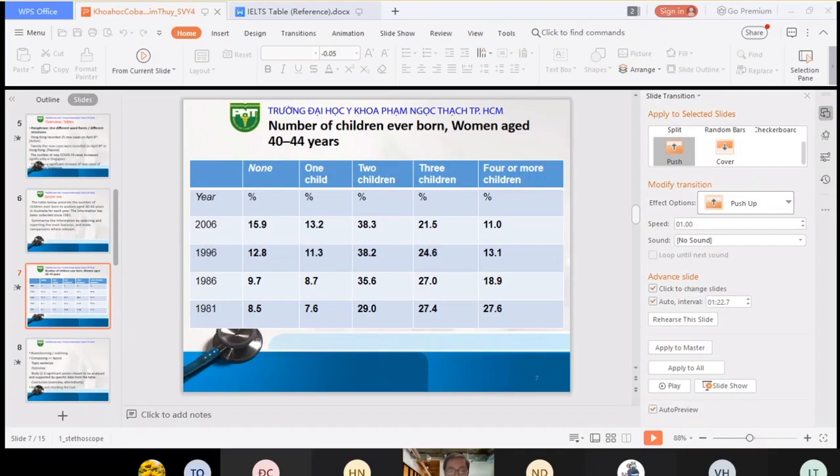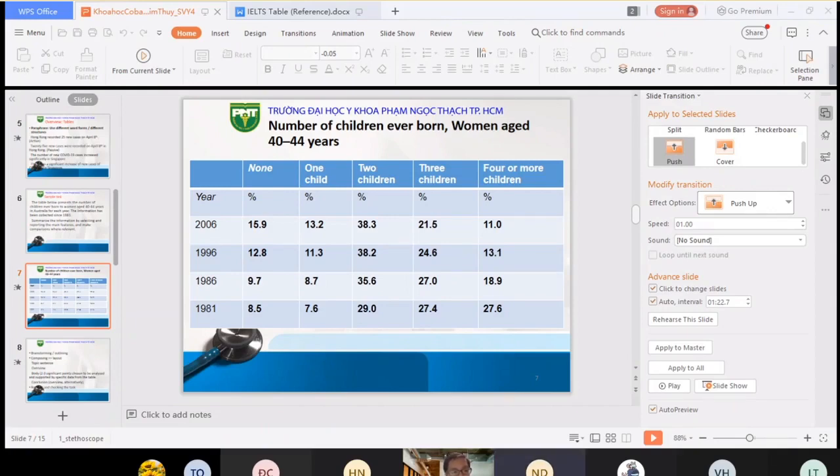What does it represent? The third represents the year 2006. And the next, 1996, right? 1986 and 1981. Okay, do you notice anything special about the years here? Tell me the gap from 1981 to 1986. How many years? What is the gap between these 2 years?